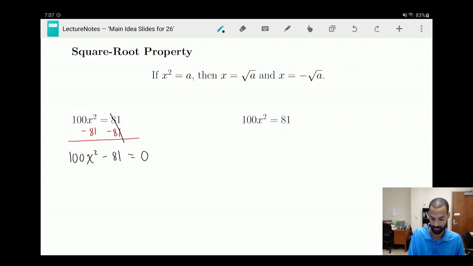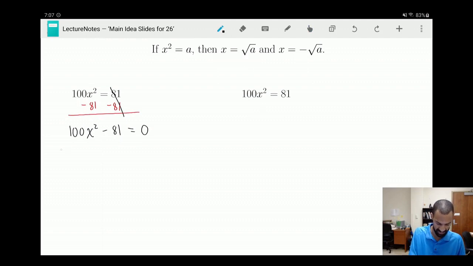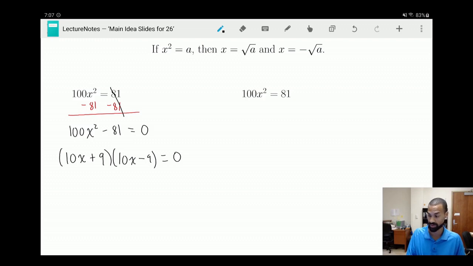Now, you may recognize this from the factoring section. This is difference of squares, right? 100x squared minus 81 equals 0. Well, 100 is 10 squared, and 81 is 9 squared, so this factors as 10x plus 9, 10x minus 9.